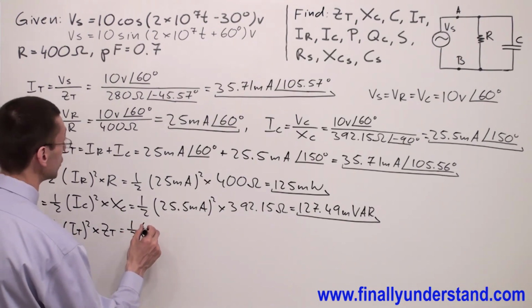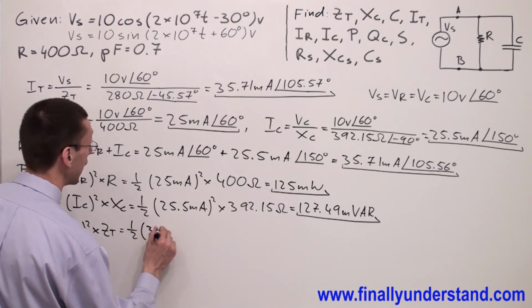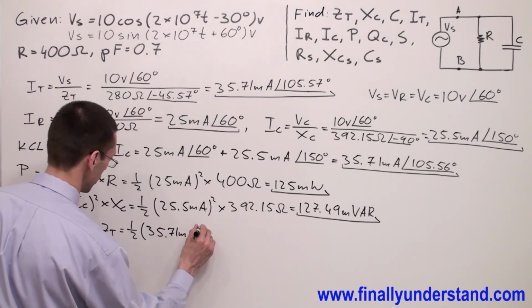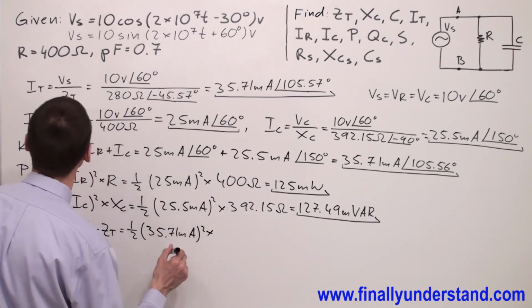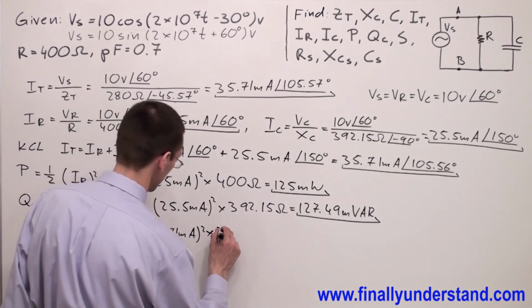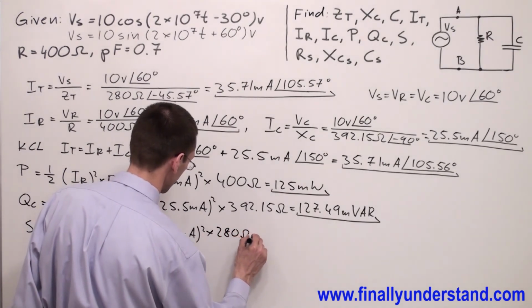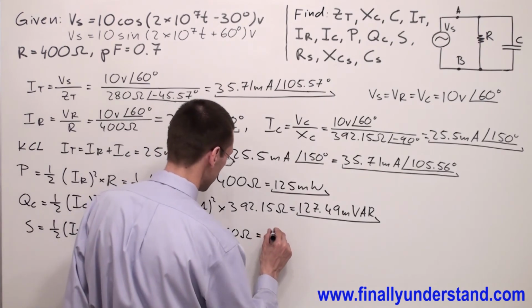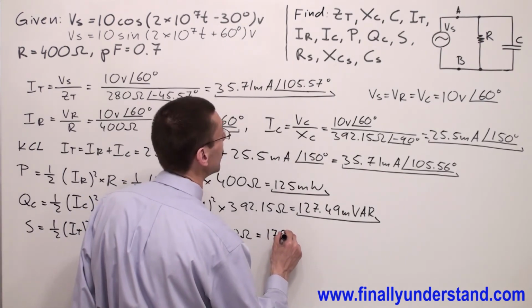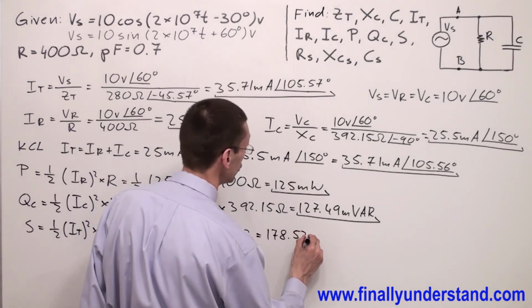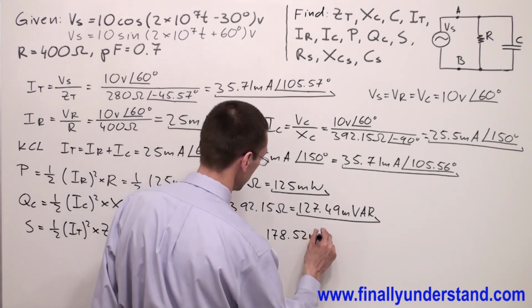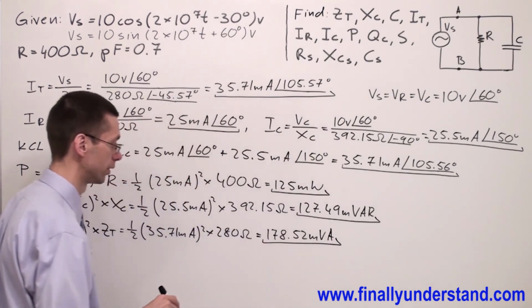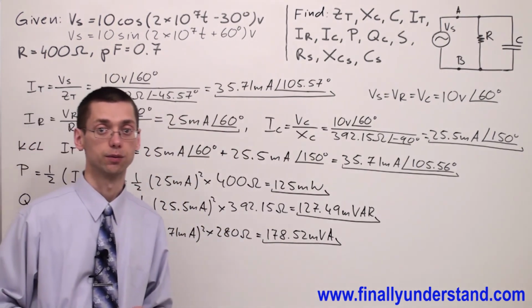We found this is equal to 35.71 milliamps raised to the second power times Z total, 280 ohms. This is equal to 178.52 millivolt amperes. This is the apparent power in my circuit.